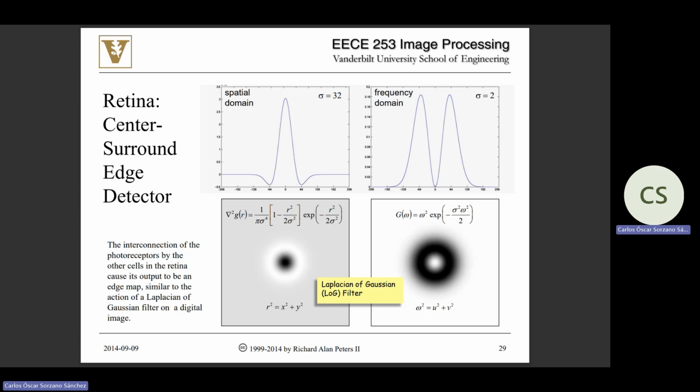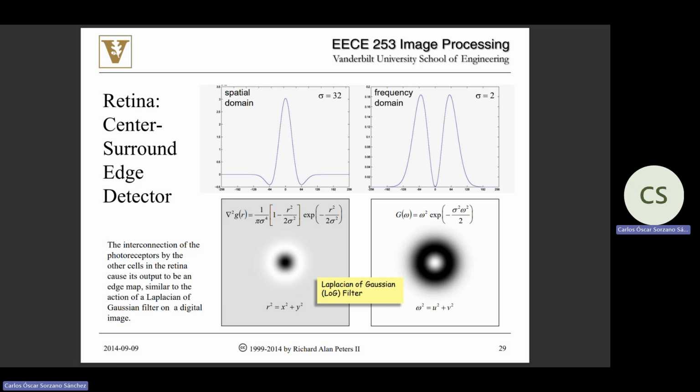And what kind of function has this behavior? The Laplacian of the Gaussian has that behavior. So this function, the one we have from there, is the Laplacian of the 2D Gaussian. And if this is the response in real space, what is the response in frequency space?